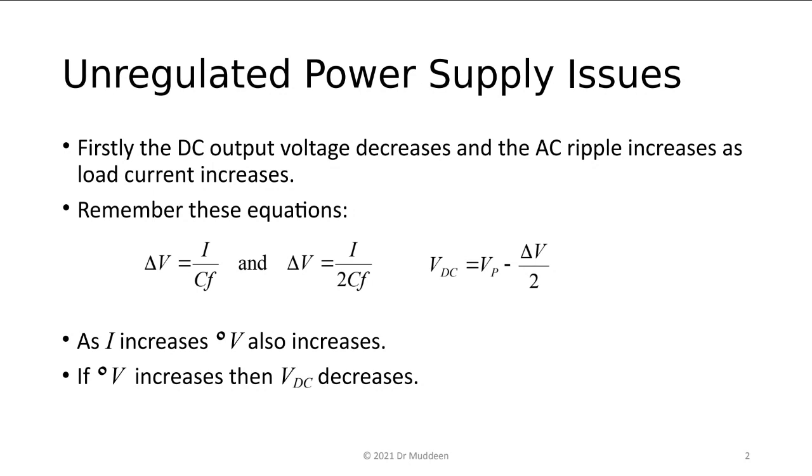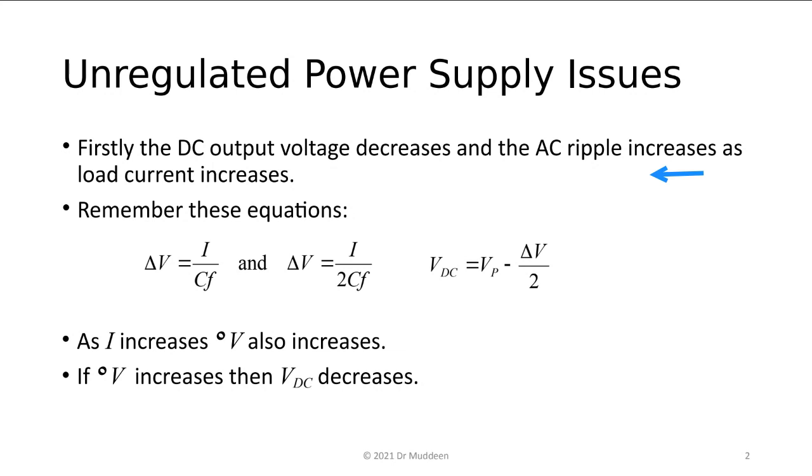So the main issue with that is that first off, the output of the unregulated supply is not a flat DC. I'll just put a pointer here where we are. The unregulated supply does not provide a flat DC.